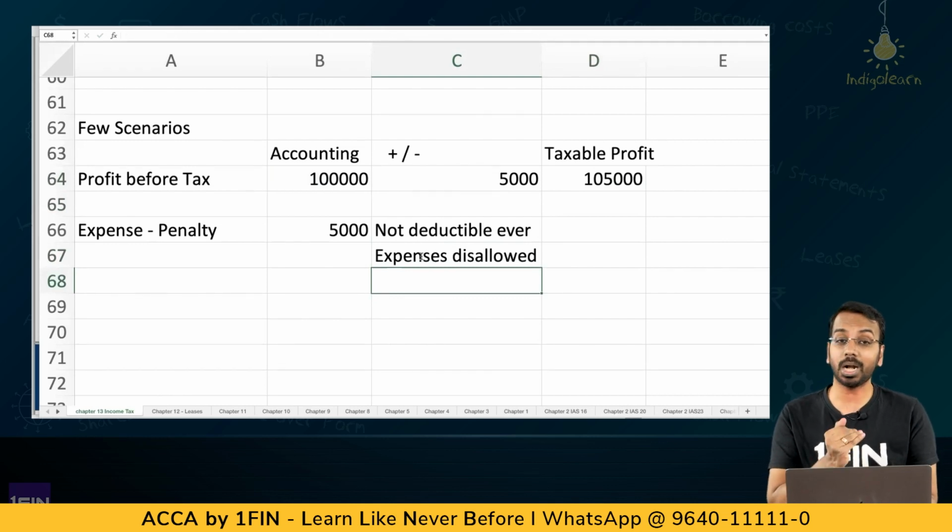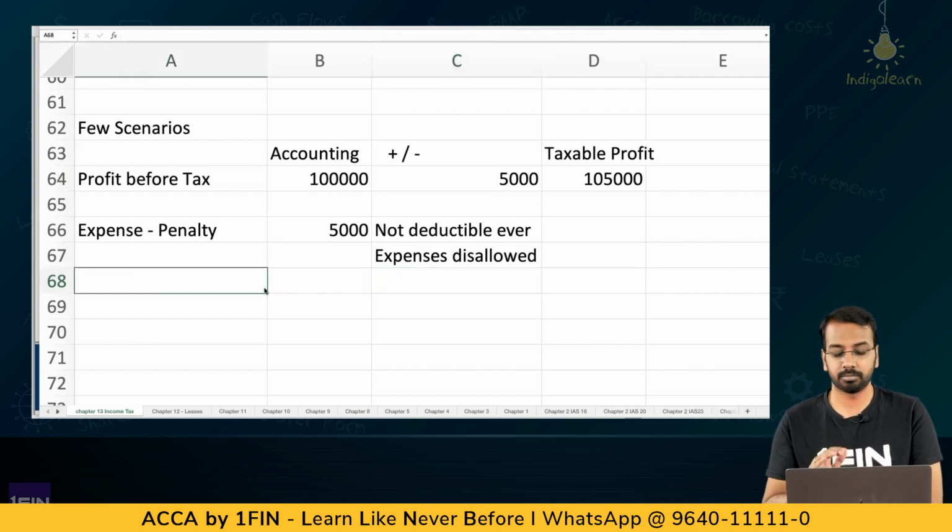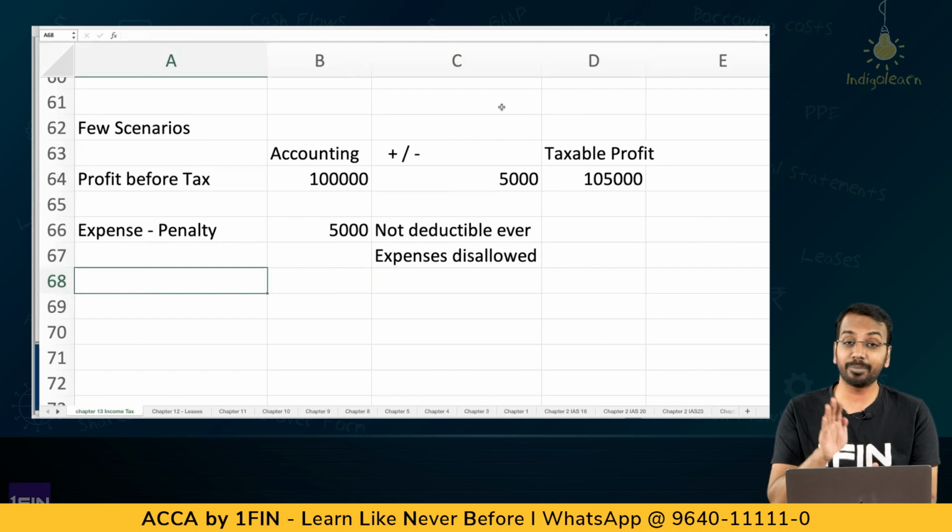Now, if something is not deductible for tax purposes, will my tax expense be higher or lower? Yes, it will be higher, right? So I have to pay higher tax. Now tell me, will I get any benefit out of this in the future? Will I be able to claim this as a deduction in the future? No, sir.